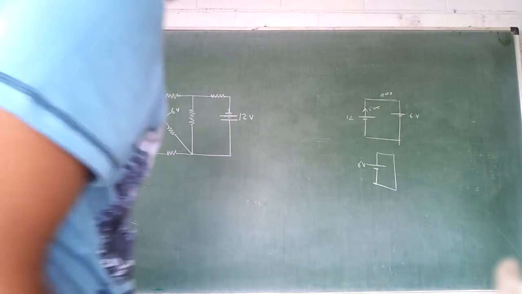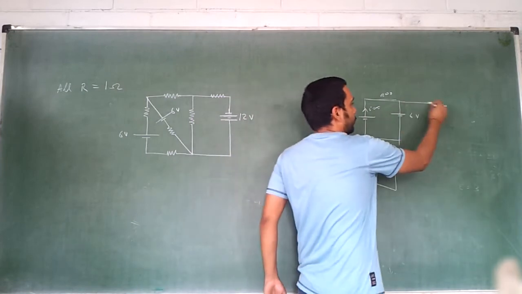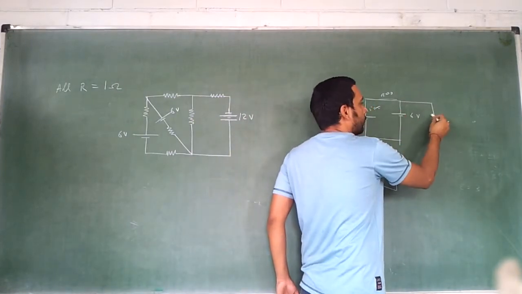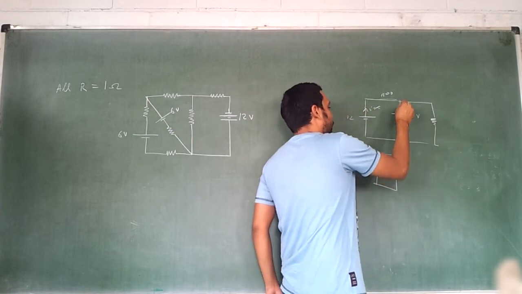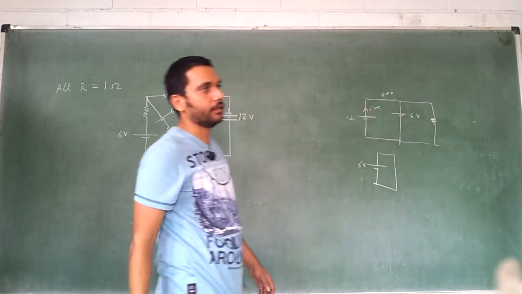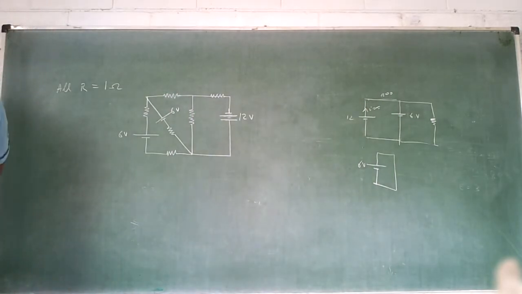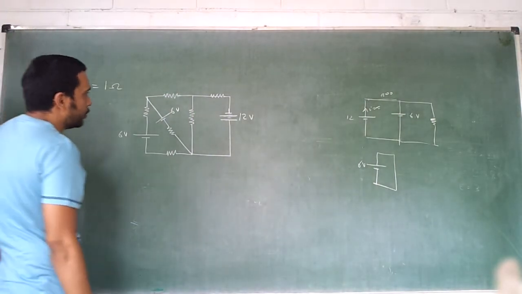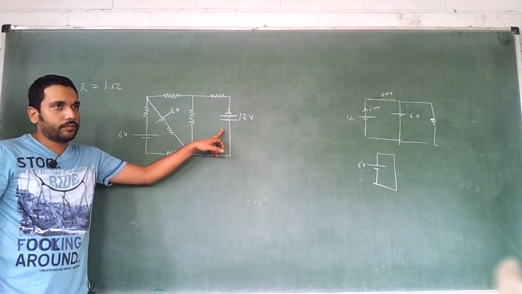Still it is a blown off circuit. Whatever you have, if this voltage across this and that voltage is not matching, it is infinite current flowing. Get the point?